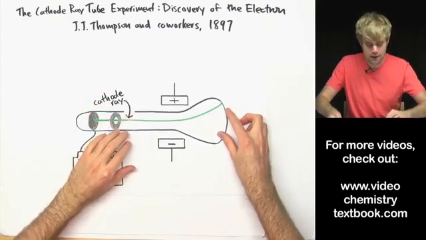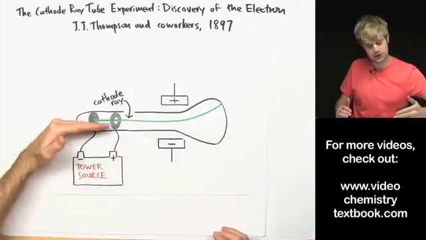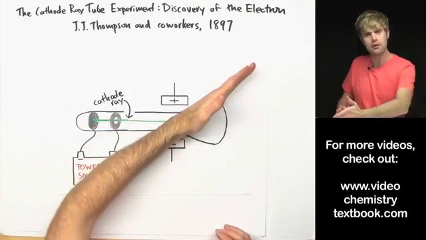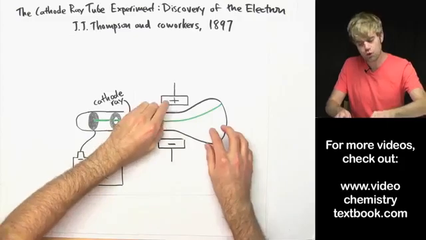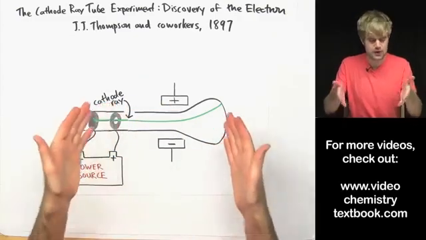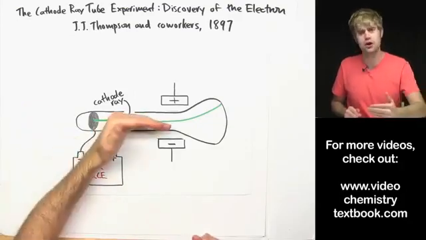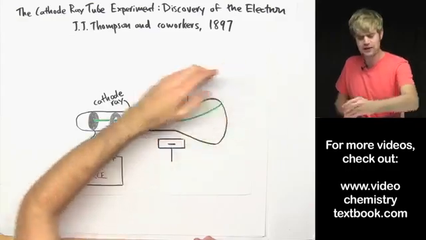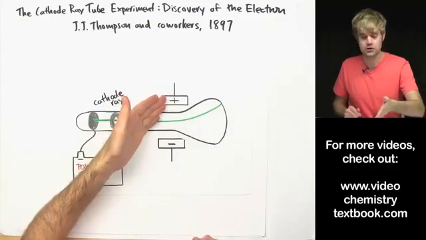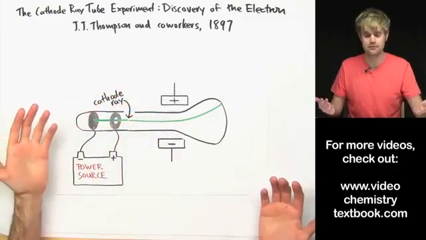When he turns on the power, he sees that now instead of going straight through, the cathode ray bends up. It bends up towards the positively charged plate. So based on this, he reasons that the cathode ray must be made of stuff that's negatively charged, since it's attracted to the positively charged piece of metal, and he knows that opposite charges attract.